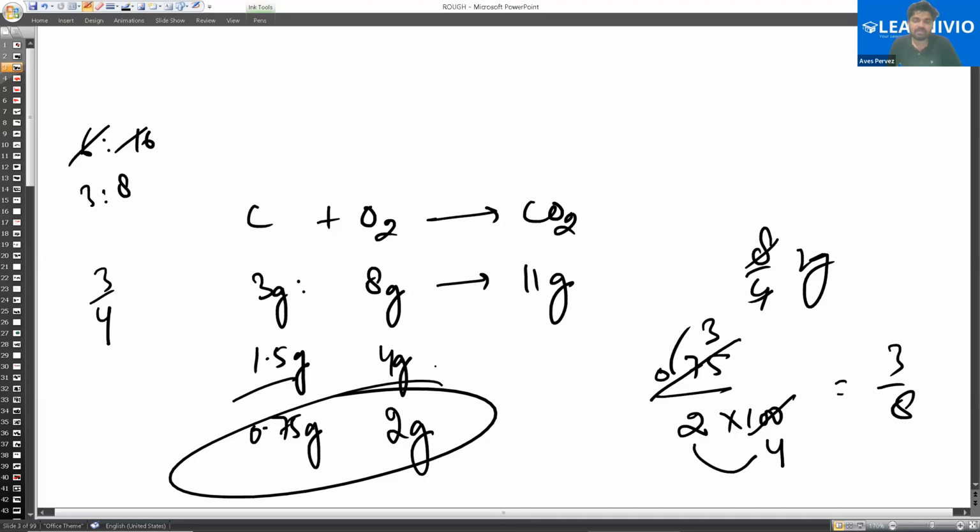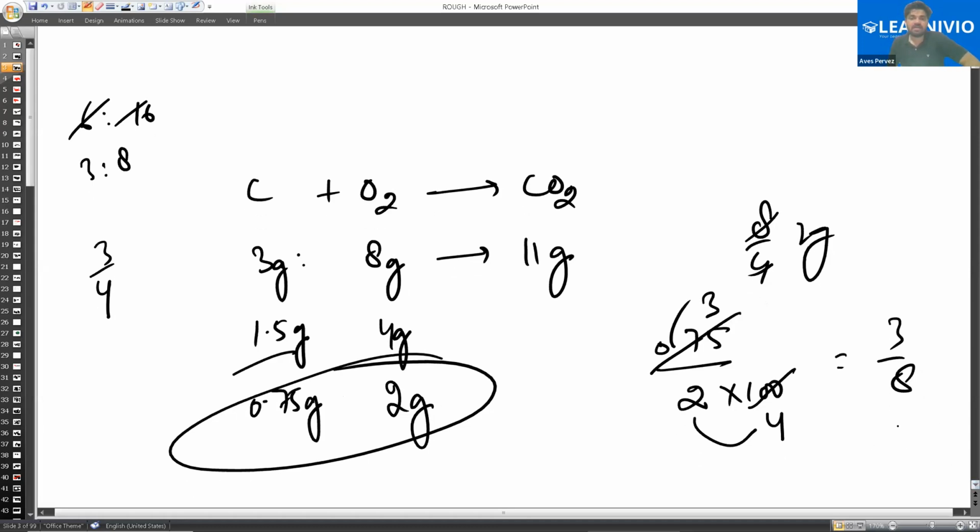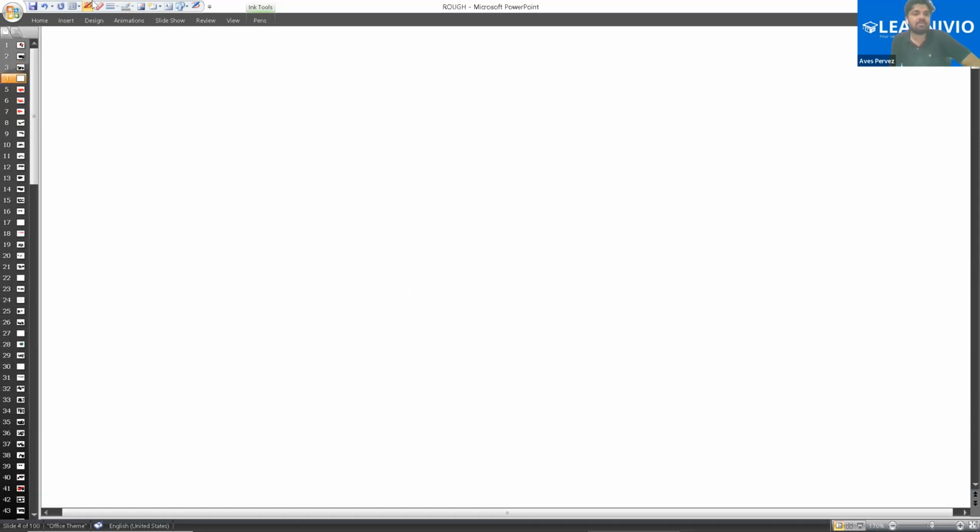Understood? If we go to the next step, C plus O2 will give you CO2. Let's suppose the simplest ratio is 3 is to 8, giving 11.